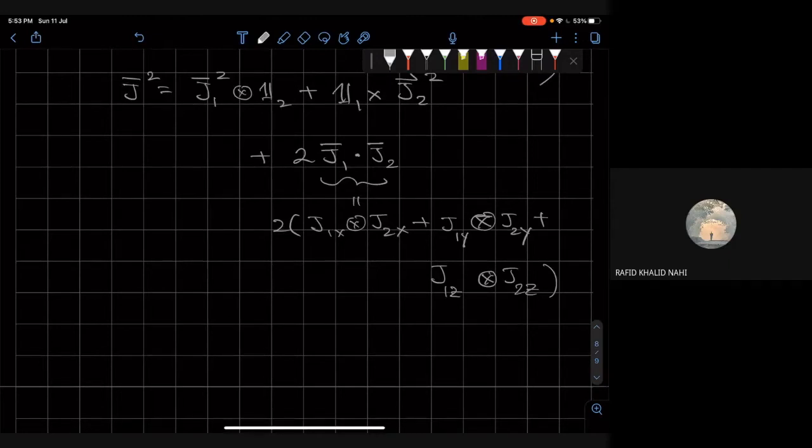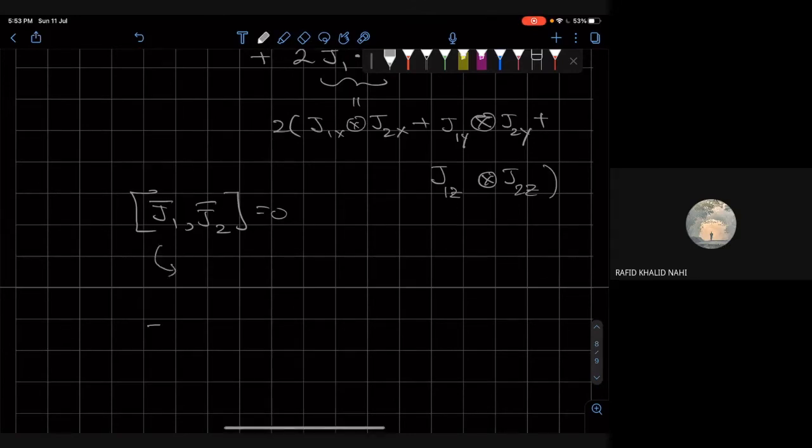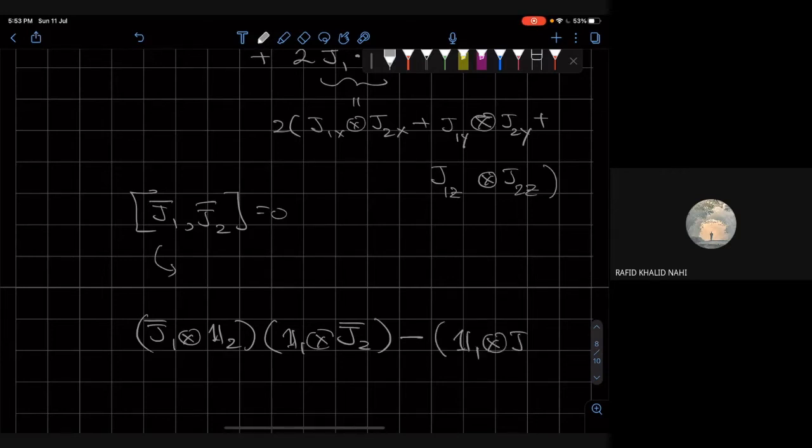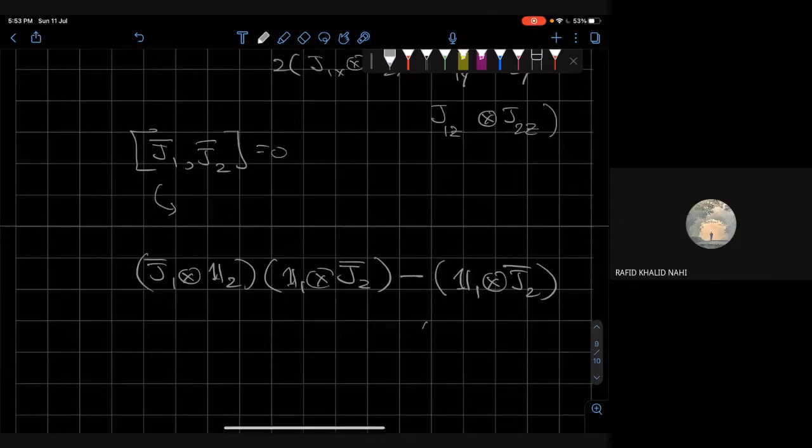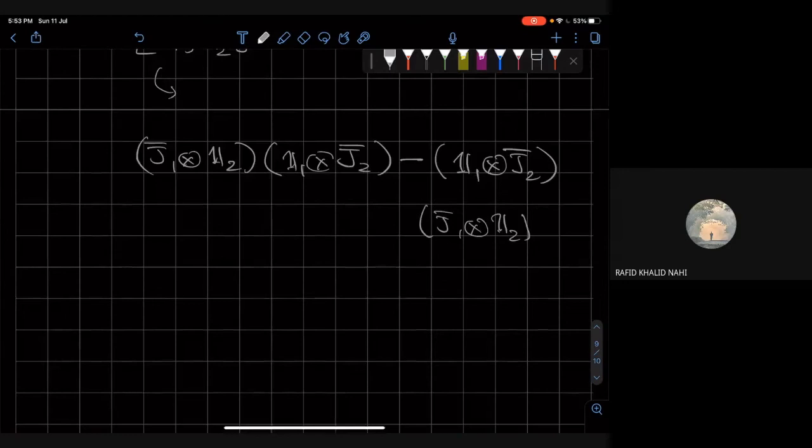And because they're acting on different Hilbert spaces, all components of J1 will commute with all components of J2. So what does this mean? This means that J1 crossed with 1 times 1 crossed with J2 minus 1 crossed with J2 times J1 crossed with 1 acting on 2.